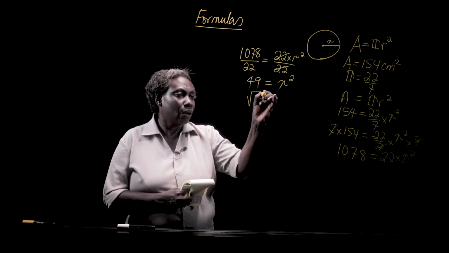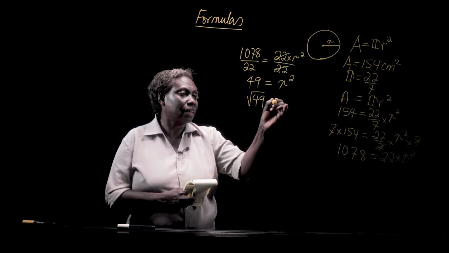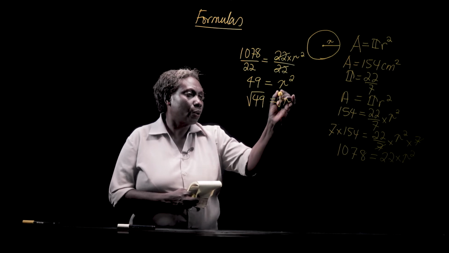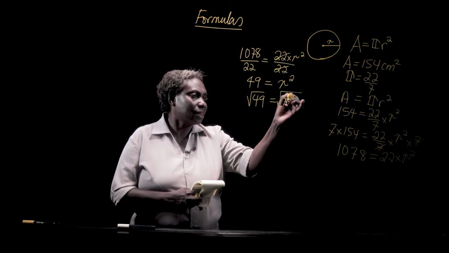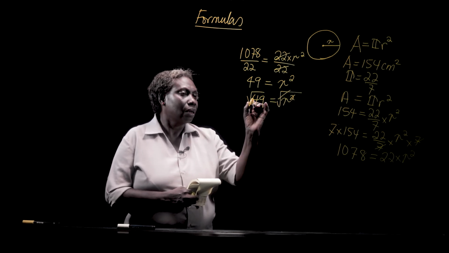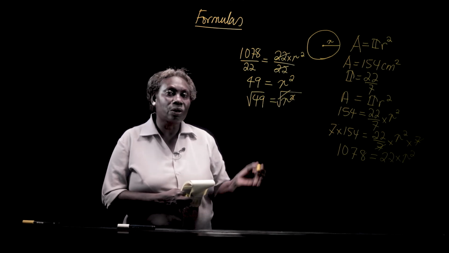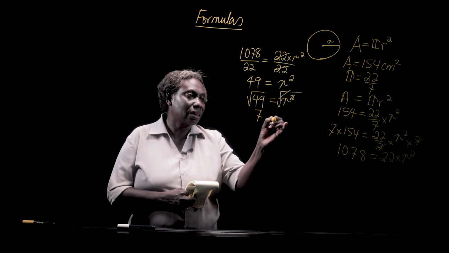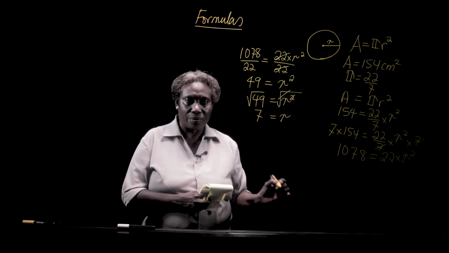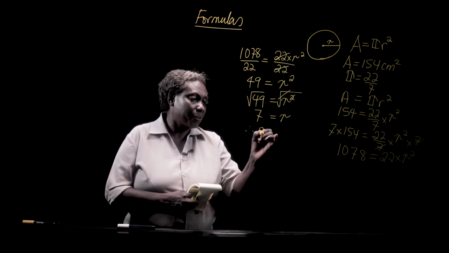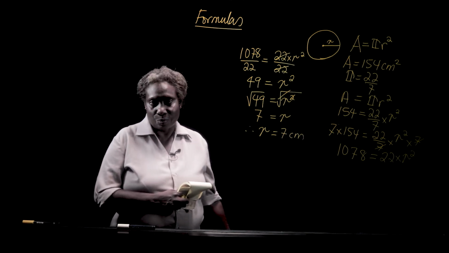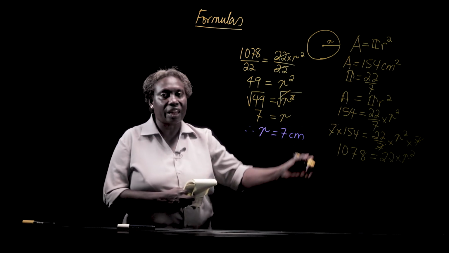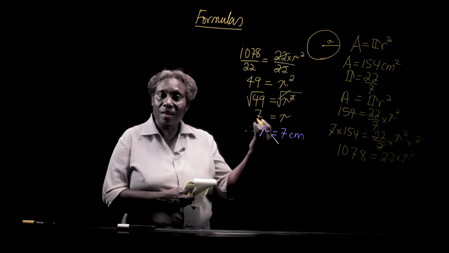The square root of 49 equals the square root of r squared. This and this cancel out. The square root of 49 is 7. So 7 equals r. Therefore, our radius r is 7 centimeters. So now we have found the value of the radius r.